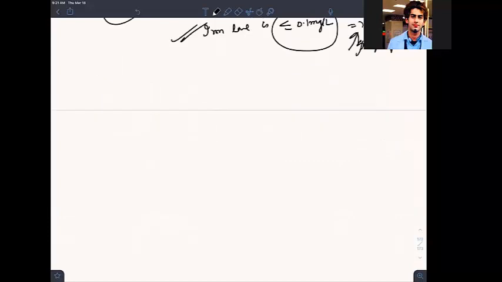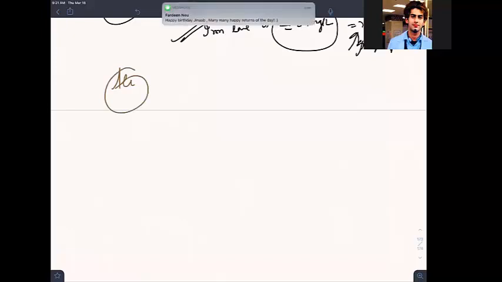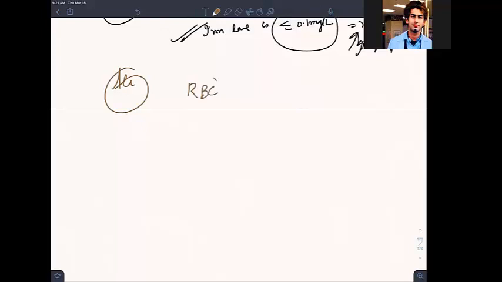Second very nice point I want to tell you, all cells of the body are susceptible to this toxin except your RBC. Okay, so all cells of your body will be susceptible to the action of this toxin except your RBC. So it goes for MAN.